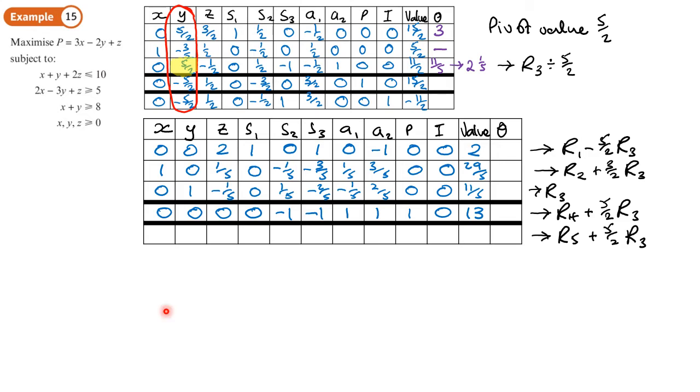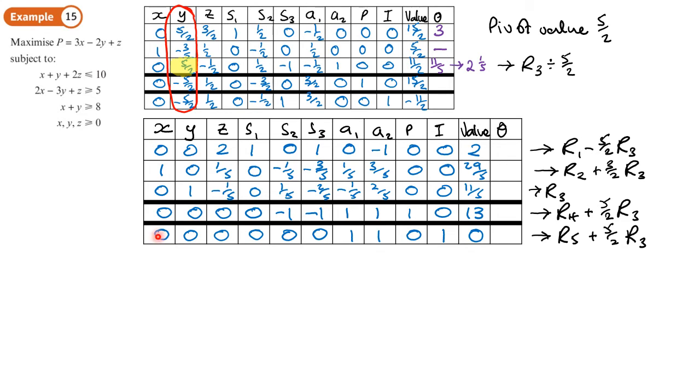And then our objective row for I, we've got a whole load of zeros here. Only the artificial variables are 1, I is 1, and we get a value of 0.